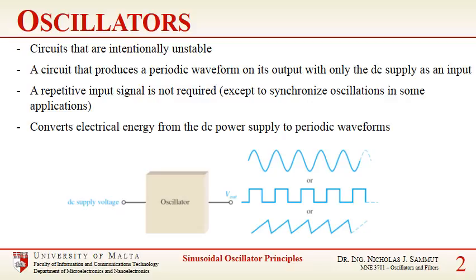A repetitive input signal is not required, except maybe to synchronize the oscillator in some way, but it works just by having a DC power supply, and as an output it gives you a sinusoidal waveform. So basically it's converting the electrical energy from the DC power supply into a periodic signal output.